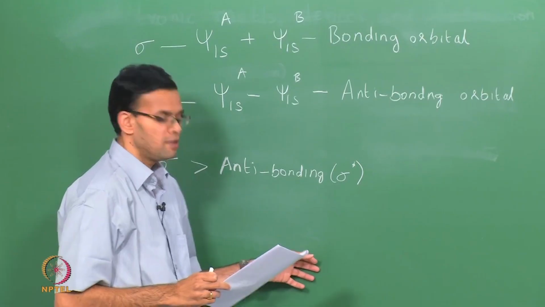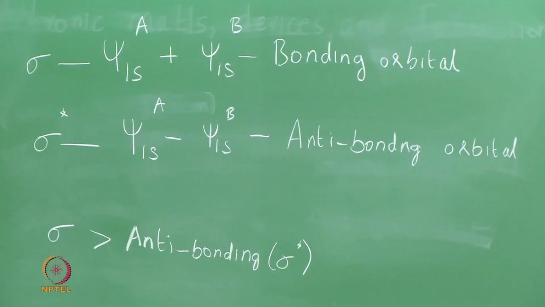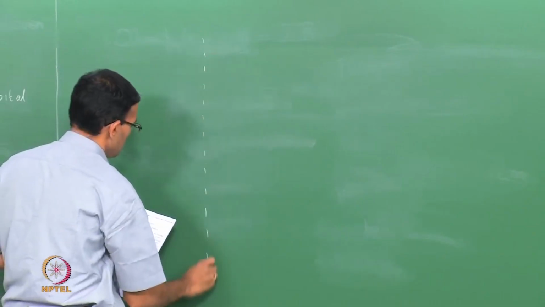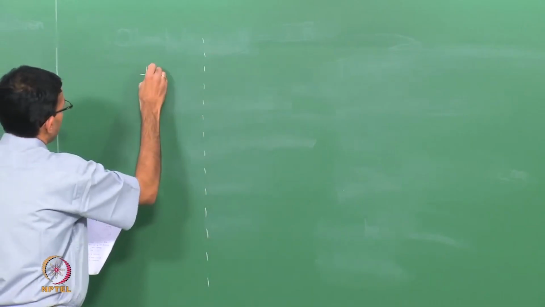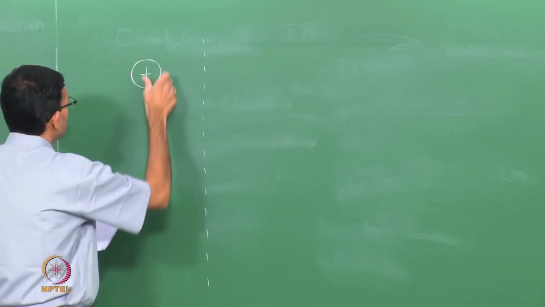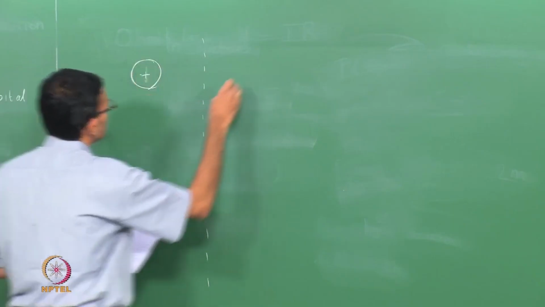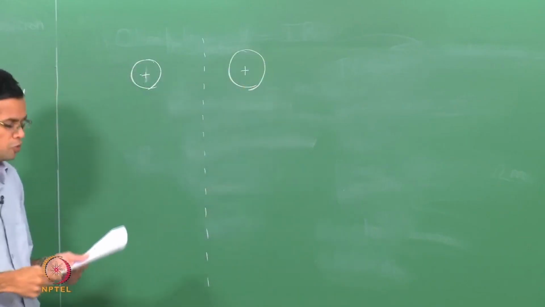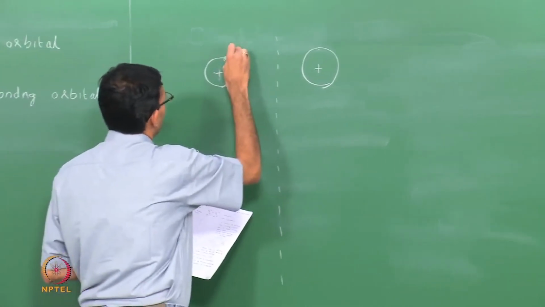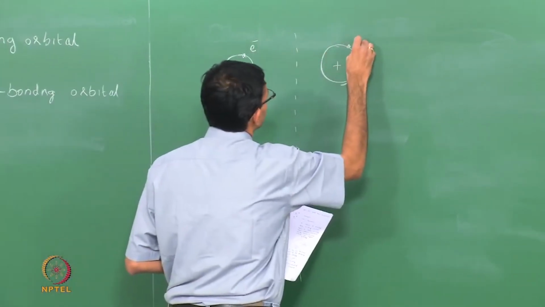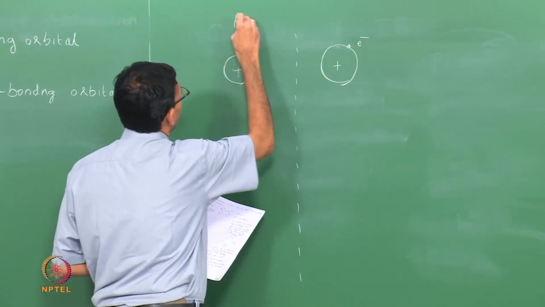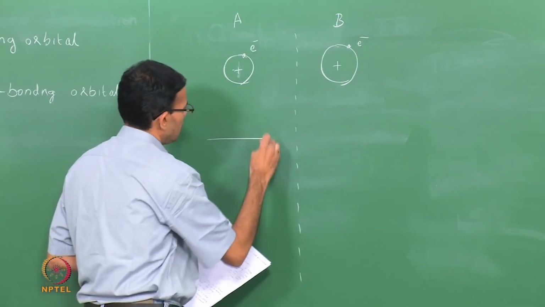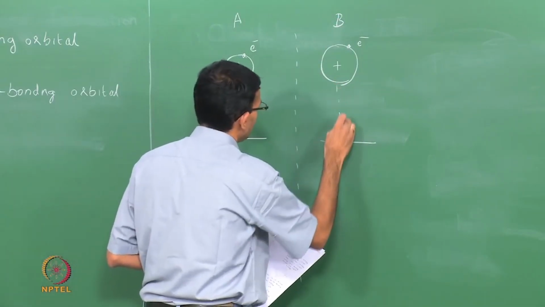We can also depict this pictorially. So, let us take 2 hydrogen atoms. At the center you have the nucleus and outside you have the electron, A and B. Each of them has an atomic orbital, so an atomic wave function.